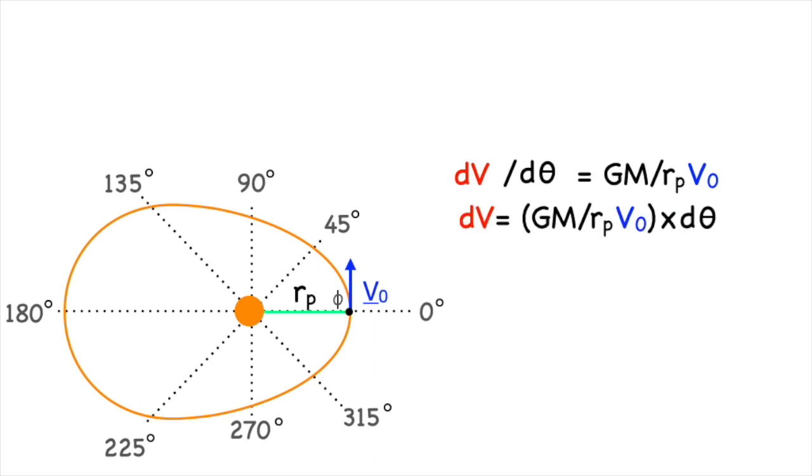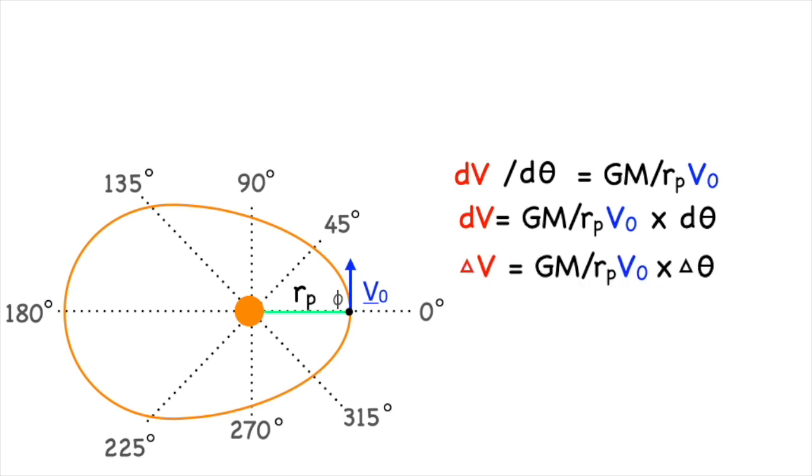We can write that dv, that is the magnitude of the dv vector, equals GM divided by r_p v naught times d theta. The equation should remind you of a formula related to a circle, that is, a very small segment of the circle, ds, equals the radius times an arbitrarily small change in theta. We will come back to the significance of this revelation in a moment.